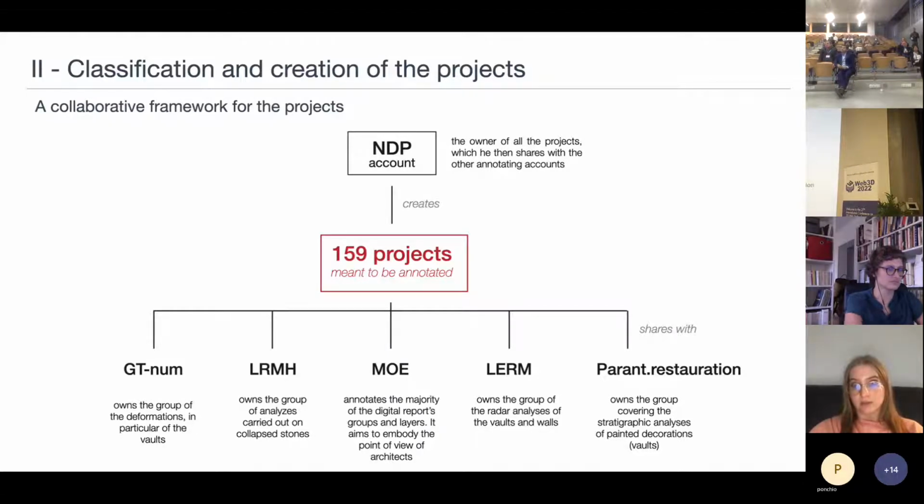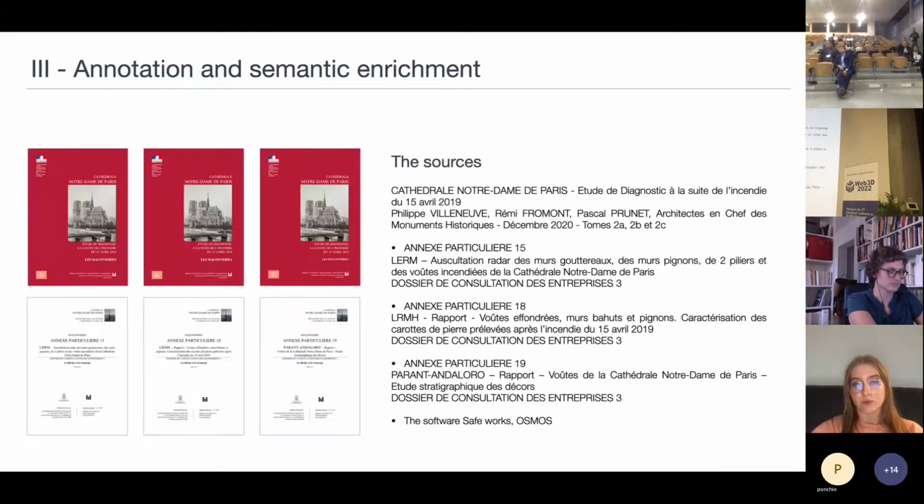For example, we had a radar analysis, we had a stratigraphic analysis. All of these were also integrated with these accounts on the project. Also here is a bit of an illustration of the sources. The sources used are directly the reports that were made by the users I mentioned just earlier.